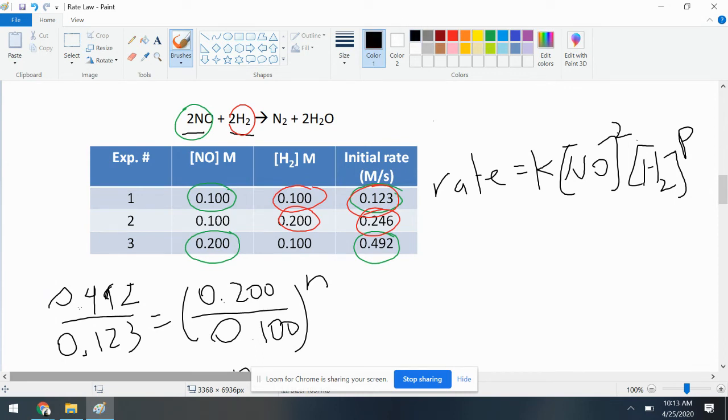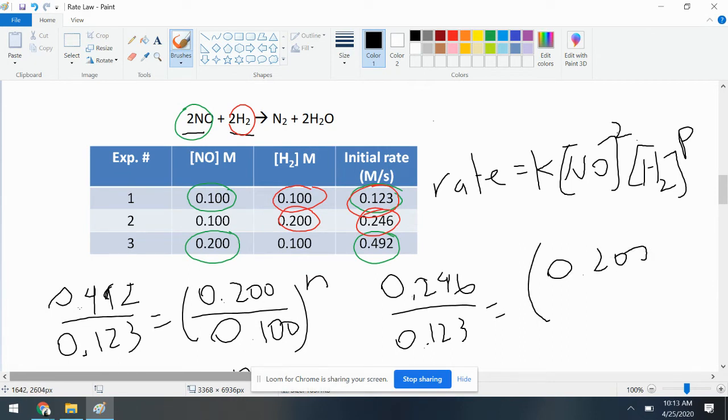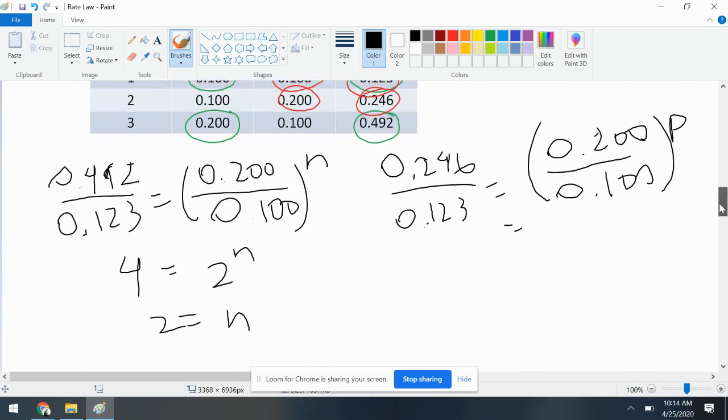Okay. So the last thing, I'm going to set up the ratio. So it's going to be 0.246 over 0.123. Okay, set it equal to 0.200 over 0.100 to the power of p this time. Okay, so this is going to be 2 to the p.